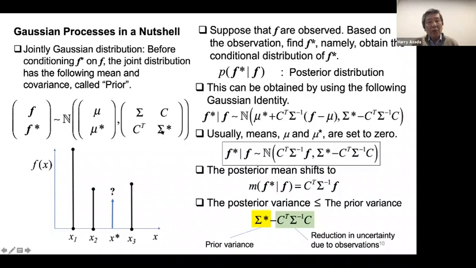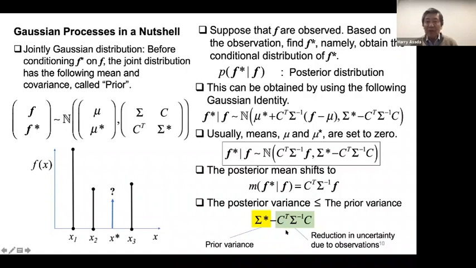Before you learn these training data points, we have our original distribution with this covariance. That is this guy. After you learn this and condition on it, it reduces to this one.